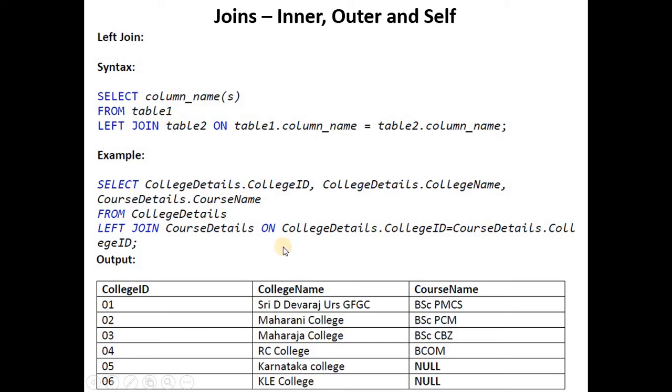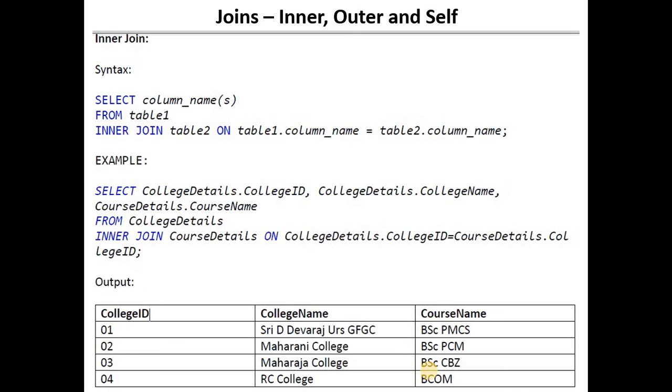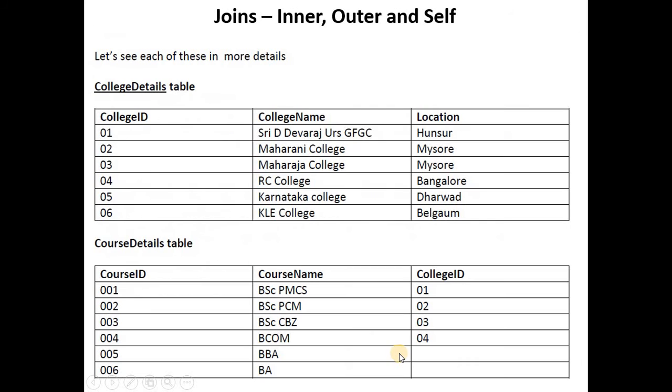This left join says that all the rows from the left table and matching column from the right table and the remaining will put null for the right table, for the second table, right? Here you have got this table, right? This is the first table.